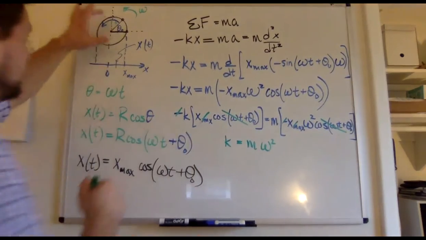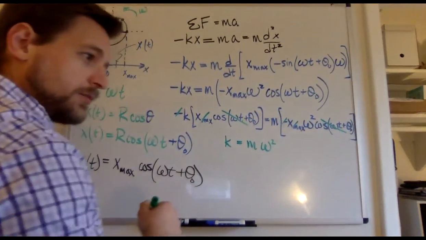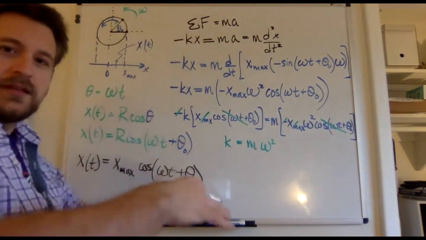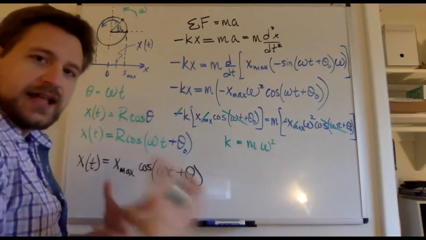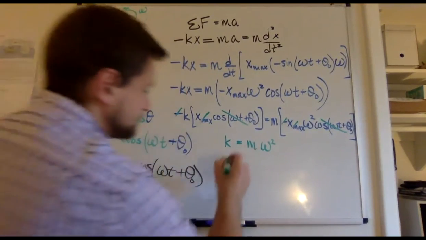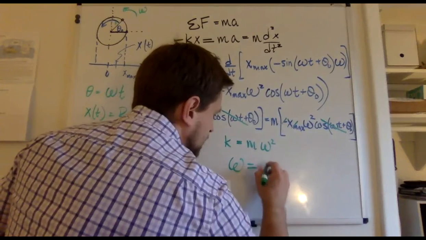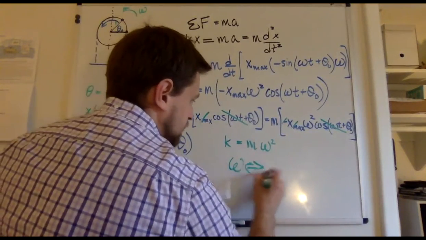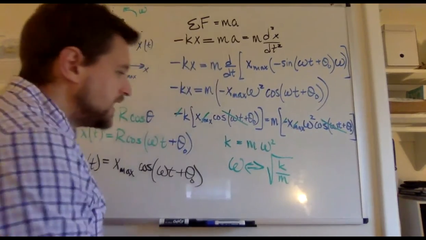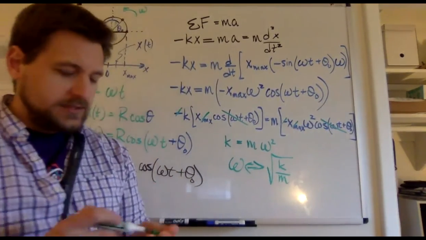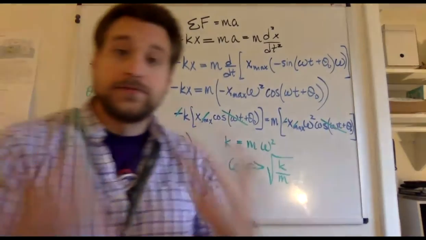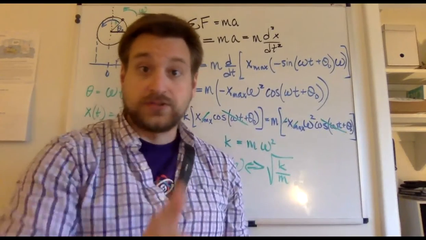In order for this circular motion to be a Platonic object that can make the oscillation shadow actually line up with our experience, omega, the omega that we imagine, must be the square root of k over m. If the omega that we make up isn't actually the square root of k over m, then this isn't a good model for the oscillation that we're trying to describe.